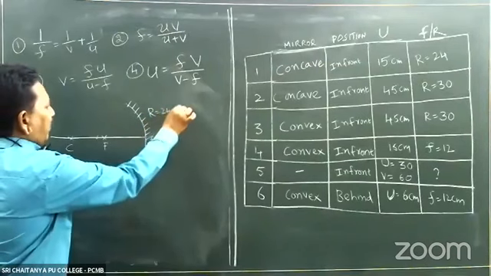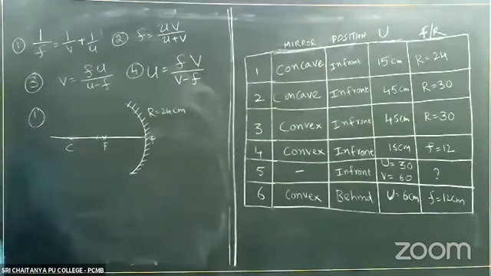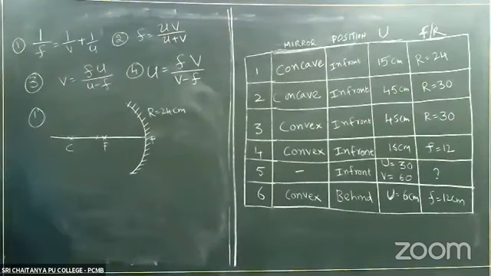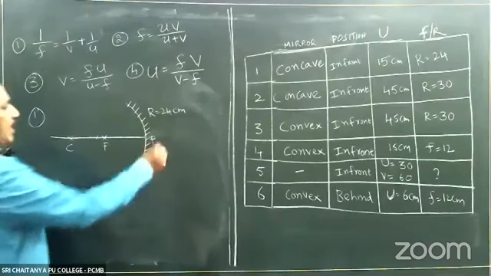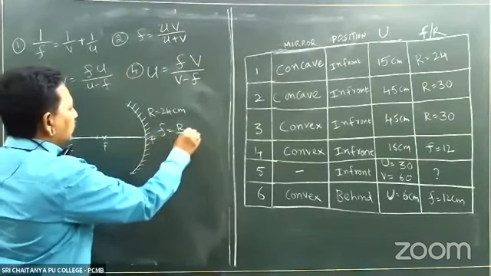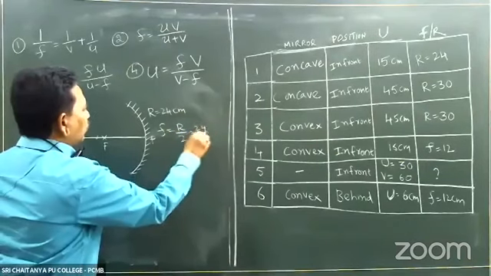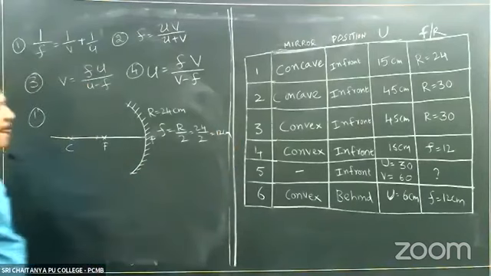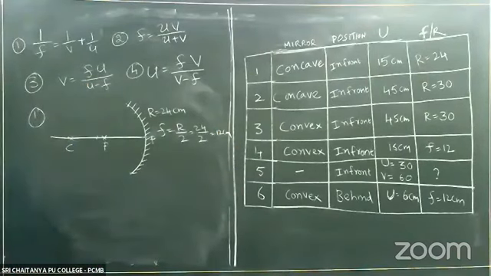I am doing problem number 1. If R is equal to 24 centimeters, immediately calculate F, because we know the formula: R is equal to 2F, so F is equal to R by 2. 24 by 2 is equal to 12 centimeters. I calculated the focal length of the mirror.